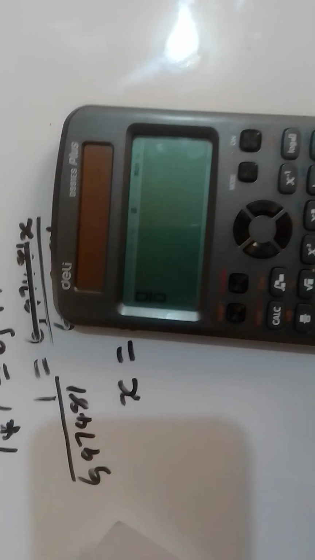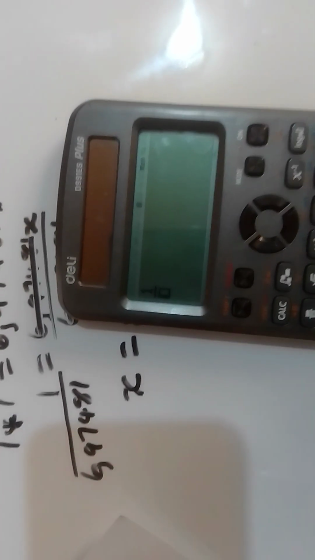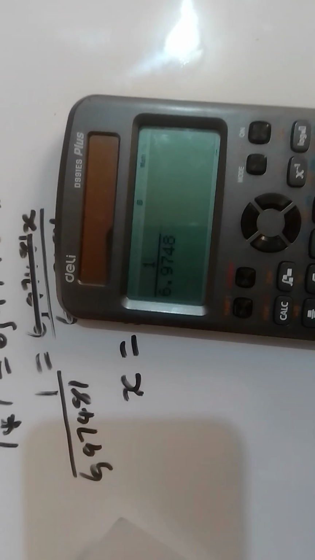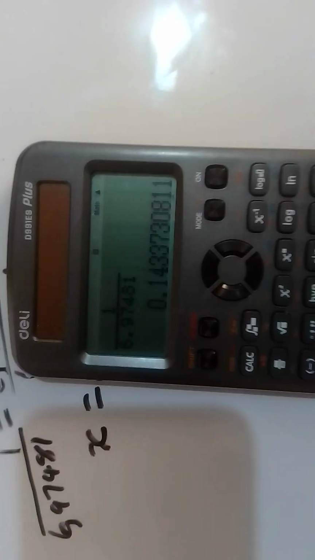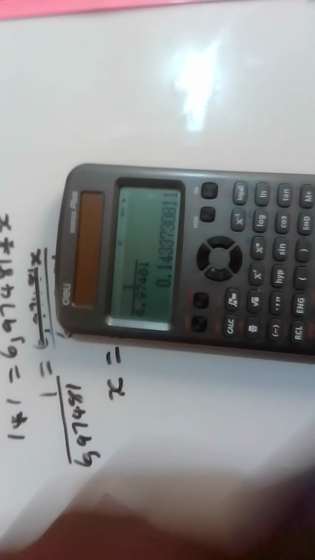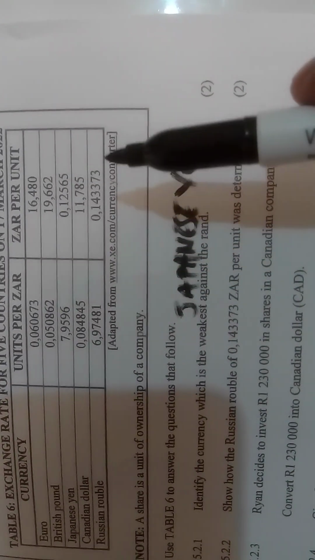So I press 1 over 6.97481, and then voila, I get 0.1433, and it's the same as 0.143373.